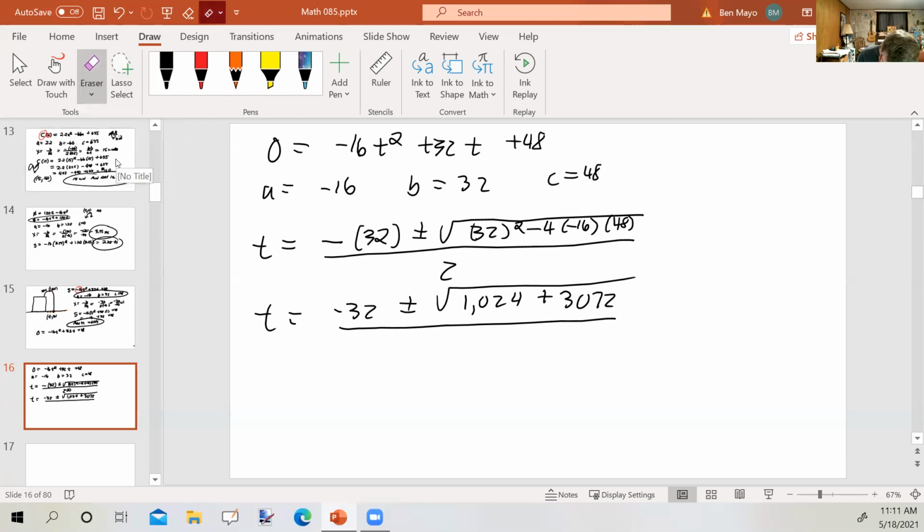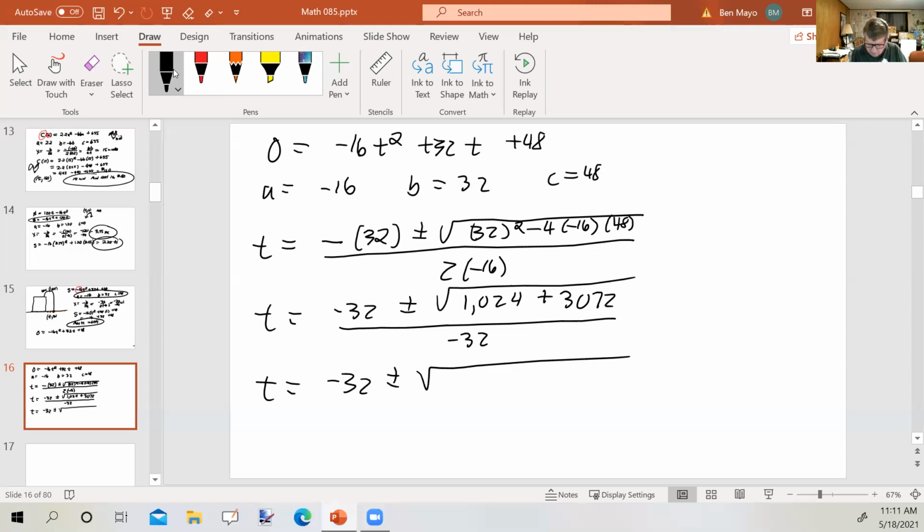I said 2a, but it should be over 2 times negative 16, negative 32. Okay, so t equals negative 32 plus or minus the square root of, let's see here, 1024 plus 3072 is 4096, over negative 32. And let's see here, to the 0.5.